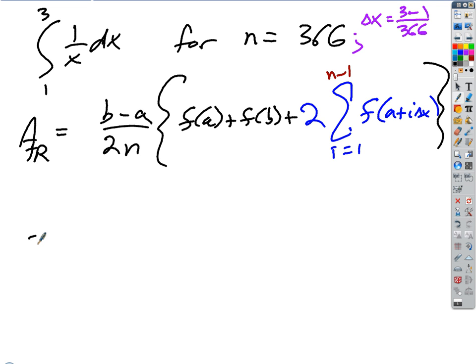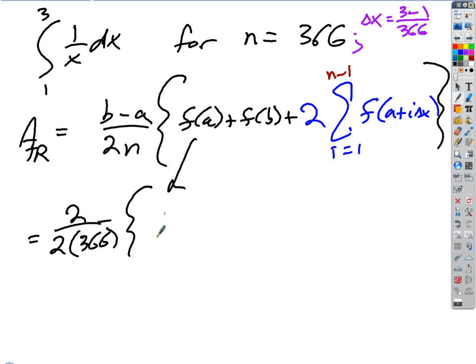So we get 2 over 2 times n, which is 366. Right, the 2's will cancel. Times, what's f of 1? 1. Plus, what's f of 3?